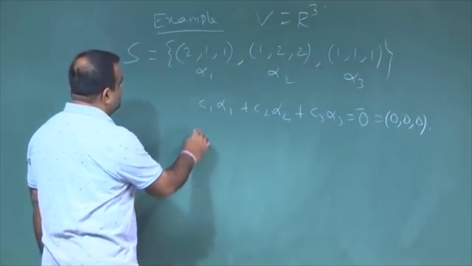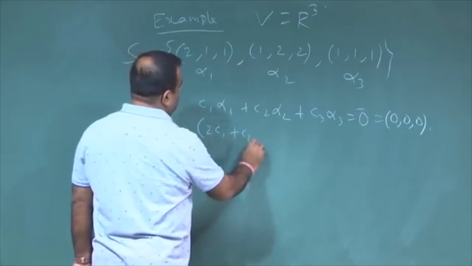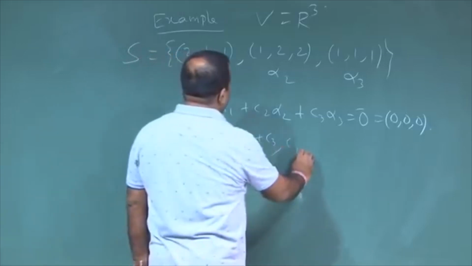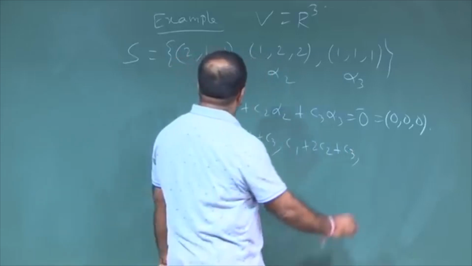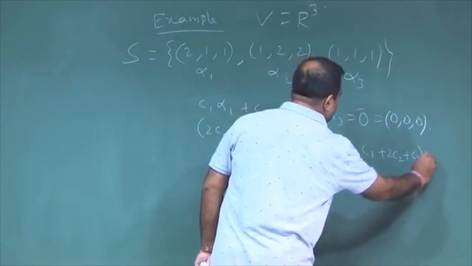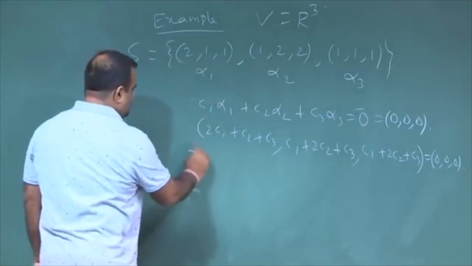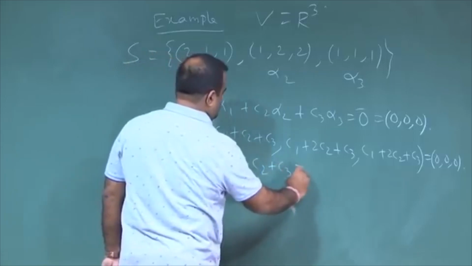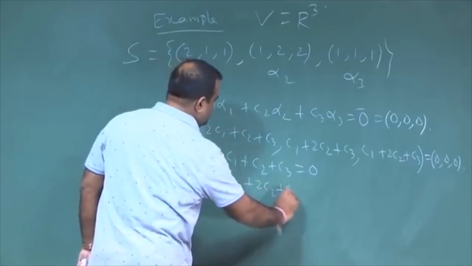So, this will give us basically (2c1 plus c2 plus c3, c1 plus 2c2 plus c3, then again c1 plus 2c2 plus c3) equal to (0, 0, 0). Then this implies we have 3 equations in which 2 equations are the same, c1 plus 2c2 plus c3.